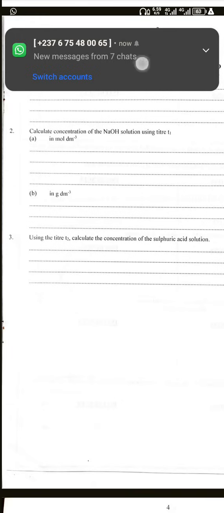NA is 1 and NB is 1, because of the number of moles of the acid and the base in the balanced equation. Ma is the molarity of the acid, which was calculated in question 1. Va is the volume of the acid which was titrated, which is 25 cm cube. Mb is what you are looking for, the molarity of the base, and Vb is the volume of the base, that is the answer of titer 1. You just substitute and you get the answer.